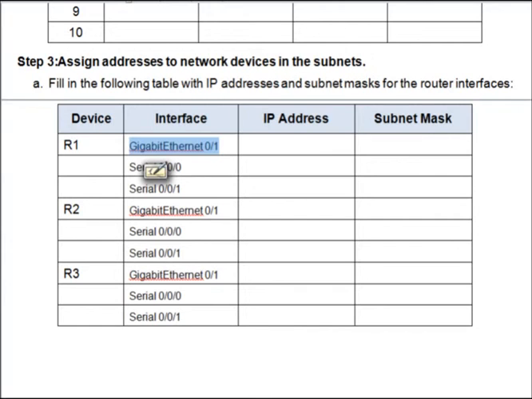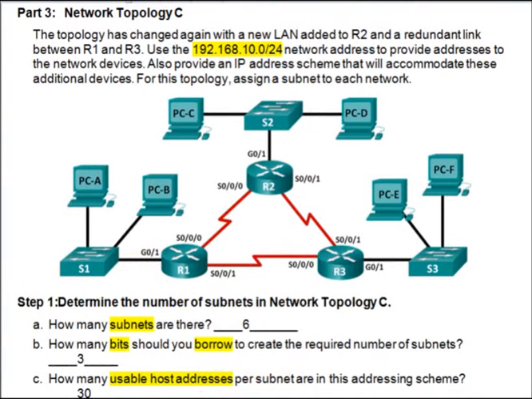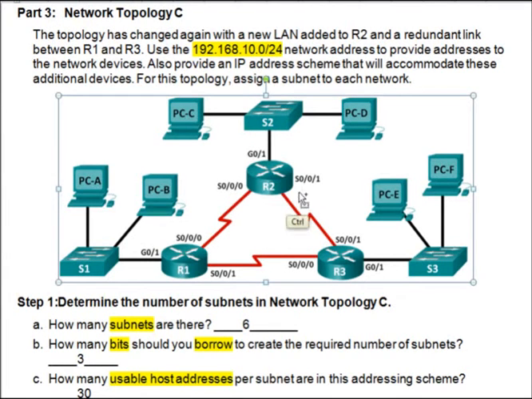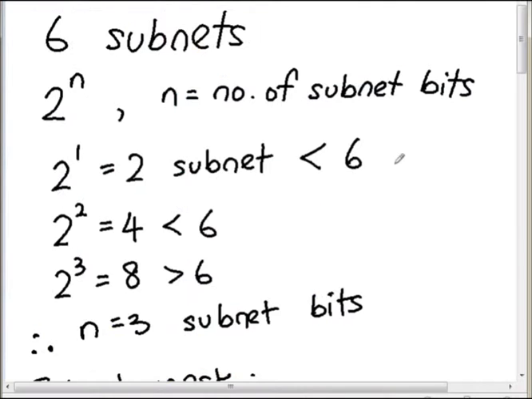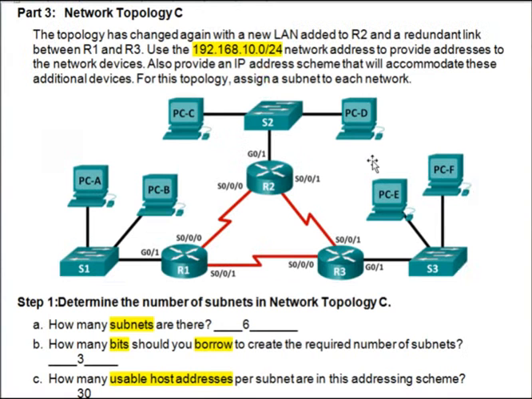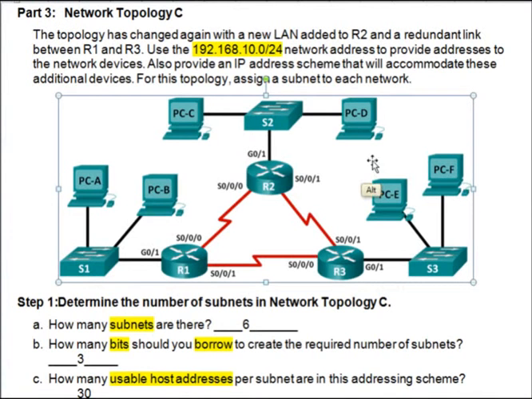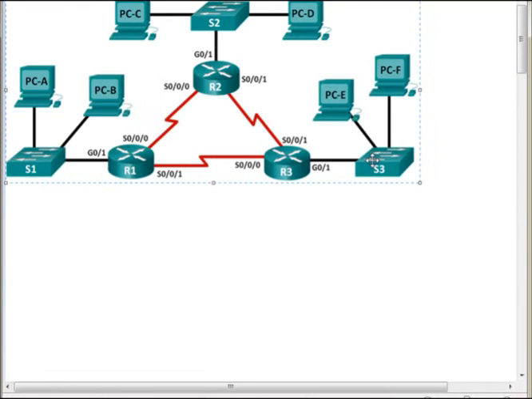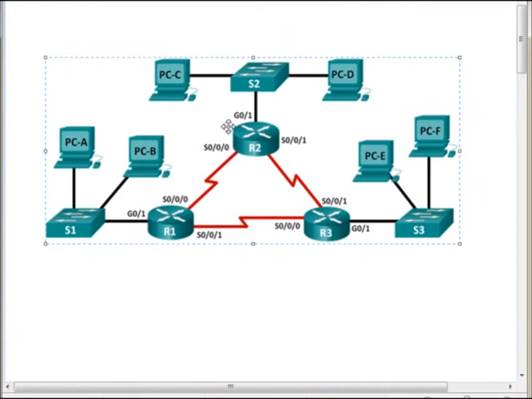So assuming we have this network over here, let's try to represent this network by this segment over here, and we're going to copy this and paste it over here for easy reference.